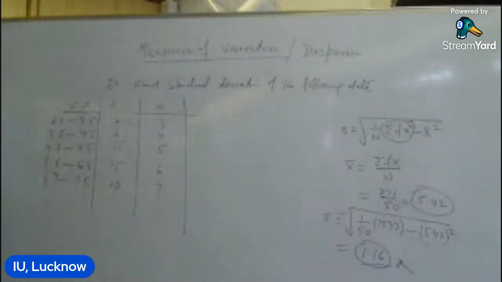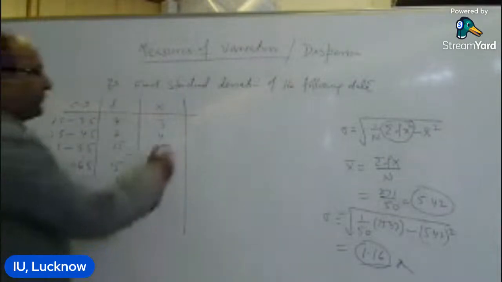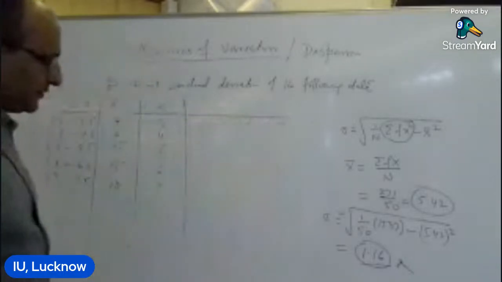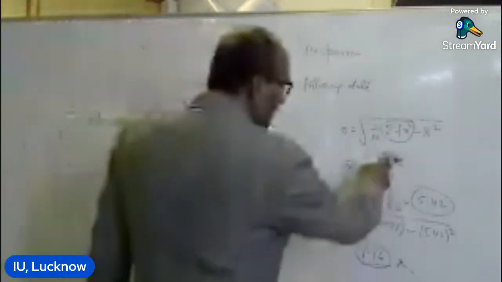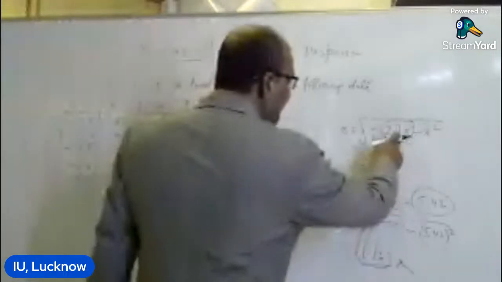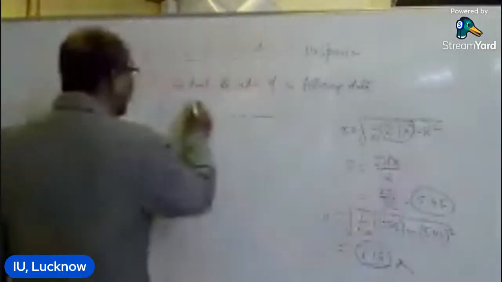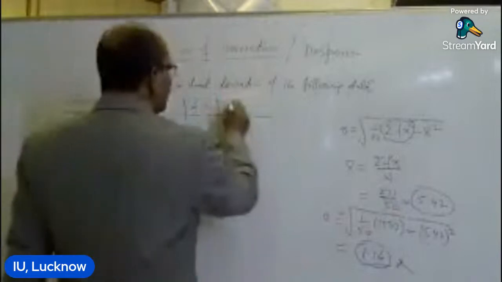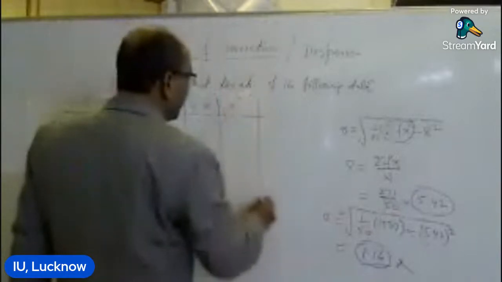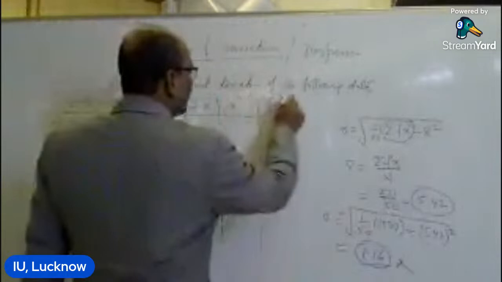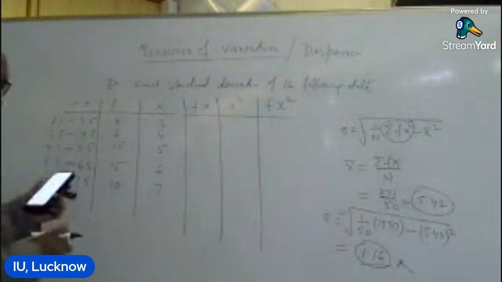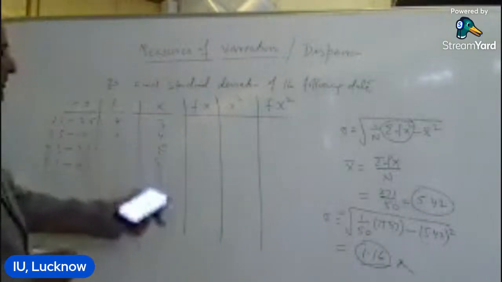Now our need is to find the summation fx and summation fx square. So find fx, and for fx square you find x square and then fx square, with the same observations as the previous example.